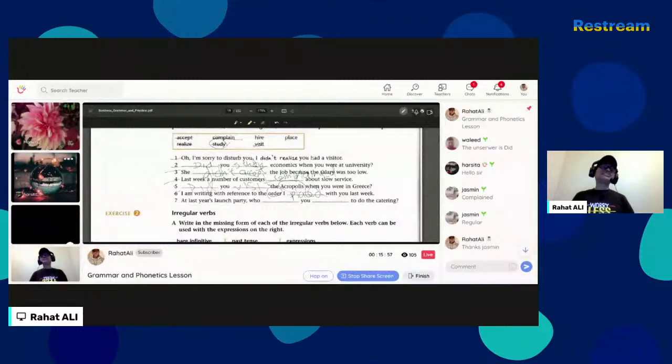It is a sentence from an email: I'm writing with reference to the order I placed with you last week. We have not received the order yet. Where is it now? When you placed an order on Amazon and it didn't come in 7 days, then you have to complain to the seller. If the seller doesn't respond within the next 7 days, then you complain to Amazon and Amazon sends your money back, right?